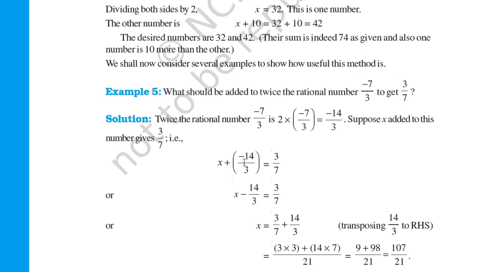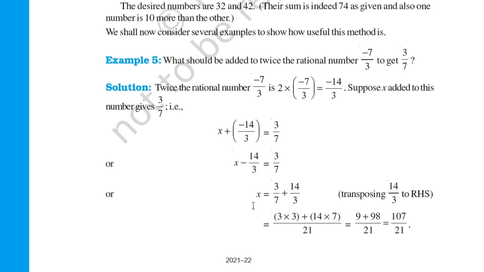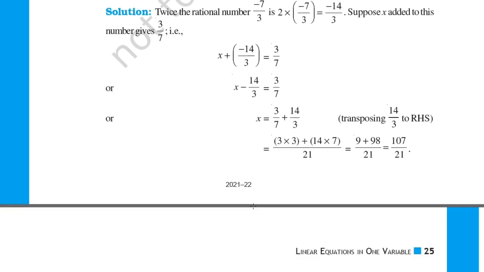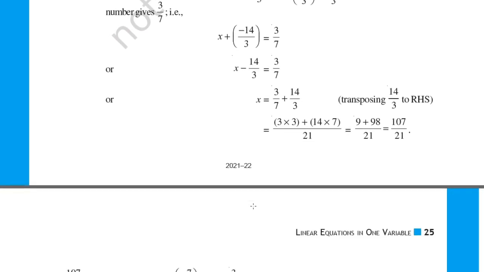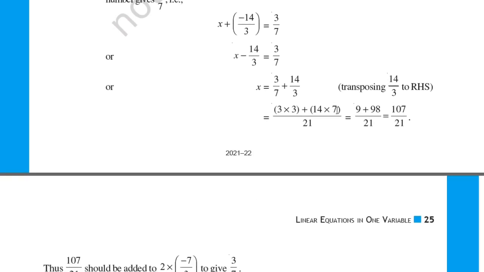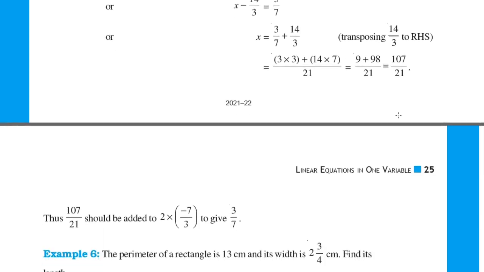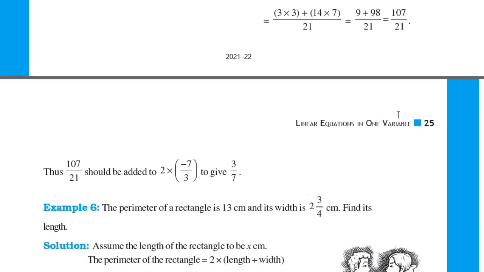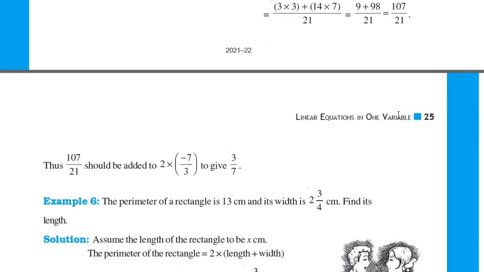We are transposing 14 by 3 to the RHS, so you get x is equal to 3 by 7 plus 14 by 3. Taking LCM, which is 21, we get 3 into 3 plus 14 into 7, so 9 plus 98 upon 21 is equal to 107 upon 21. Thus 107 by 21 should be added to 2 into minus 7 by 3 to give 3 by 7.